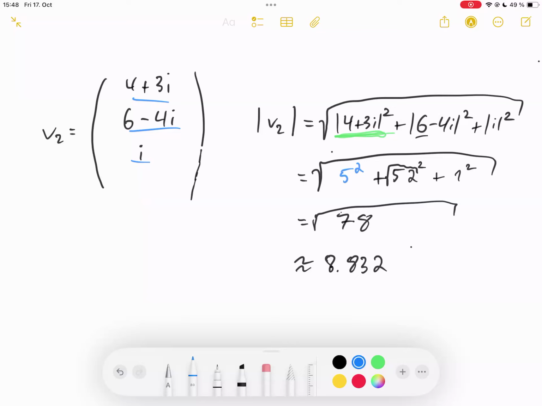Because we have the 25 here, 52, 25 plus 52 is 77 plus the 1. So it's the square root of 78. We got one answer that is correct. Do you all feel okay with this example now?